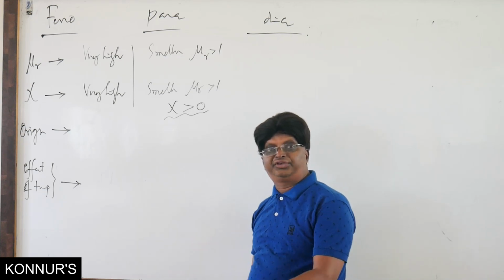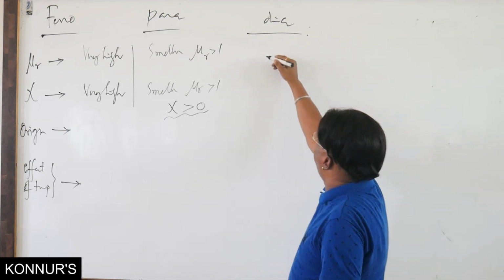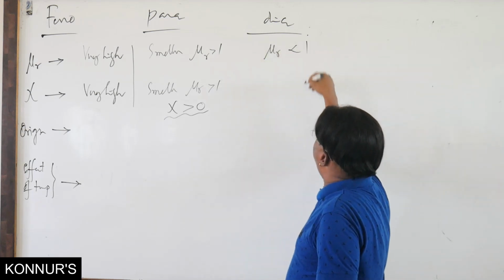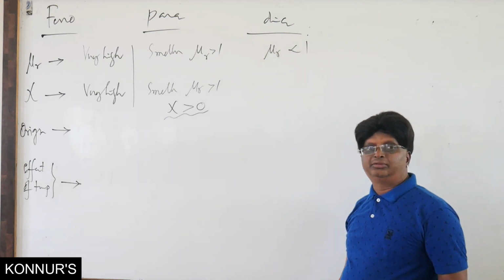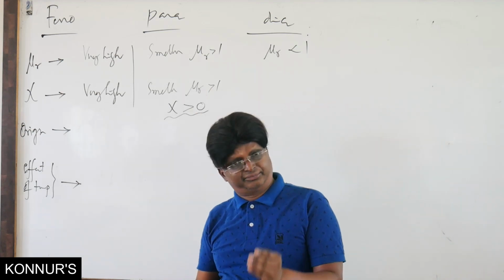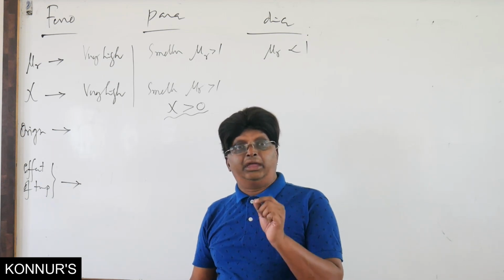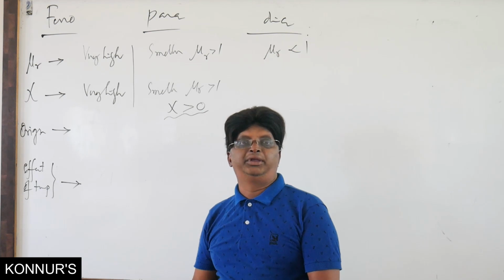Whereas this category, which is diamagnetism, which is an absolutely magical thing, has mu r values less than 1. What is the physical meaning of mu r being very high, or just greater than 1, or less than 1? It is the ability to allow the magnetic flux through the material.